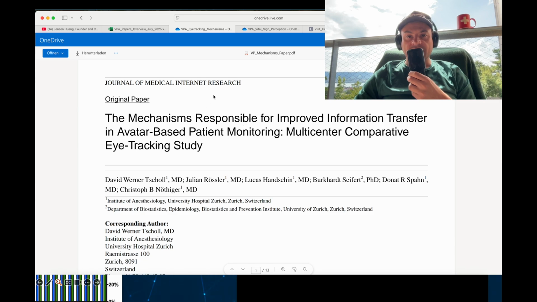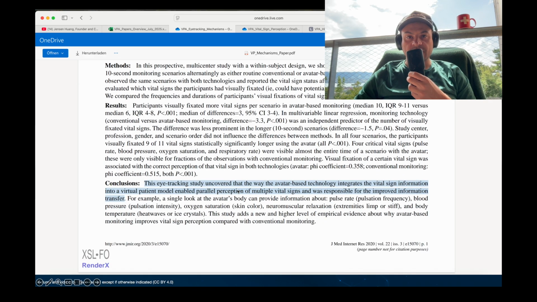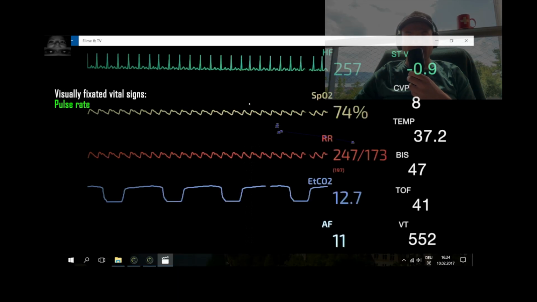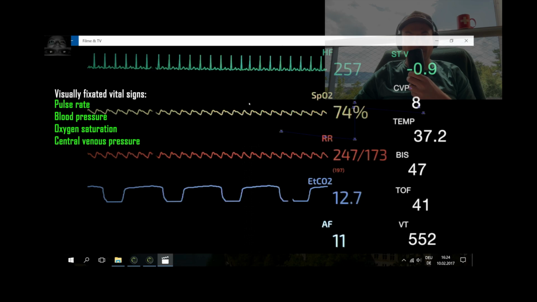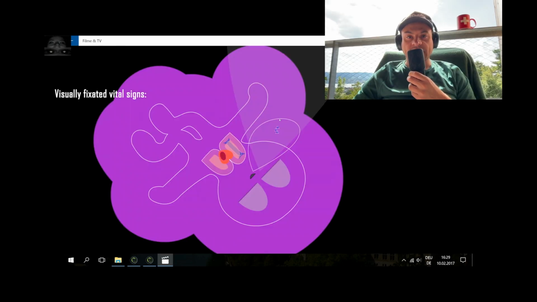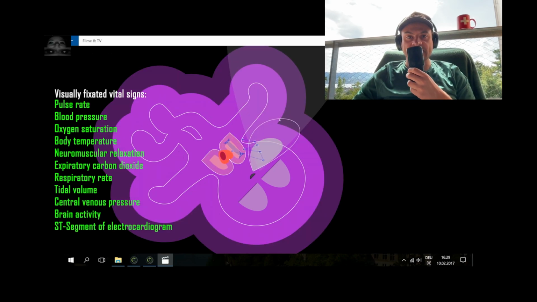We later found out in an eye tracking study that it was caused by parallel information transfer. We can only look at one number per second with a conventional format, then we have to jump to the next with our eyeballs. However, when looking at the avatar, we can perceive information of multiple vital signs at the same time.